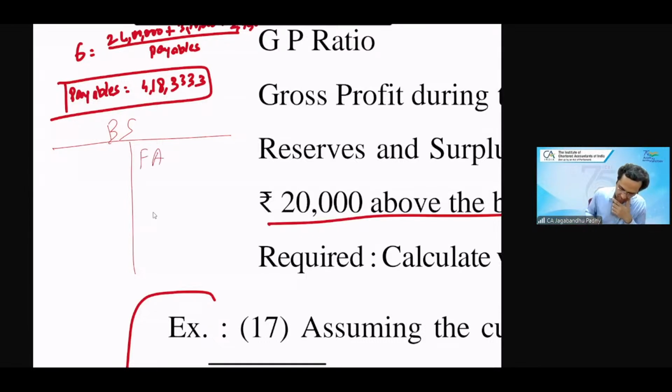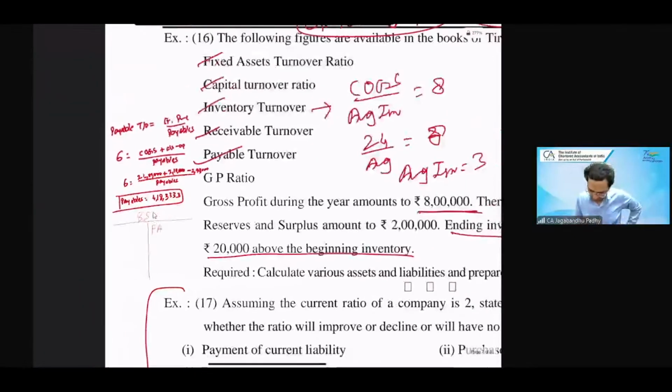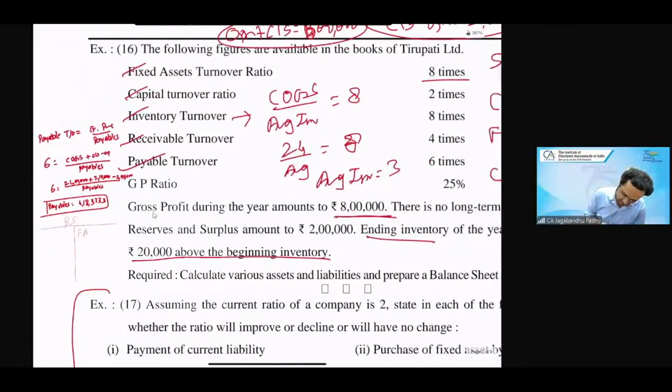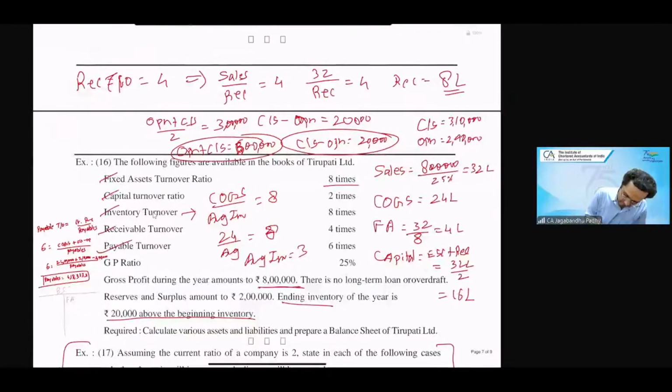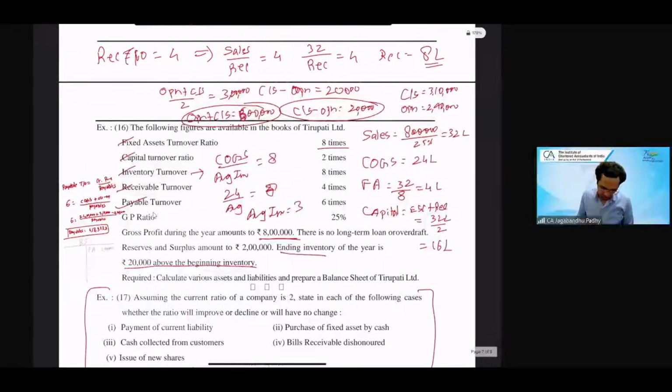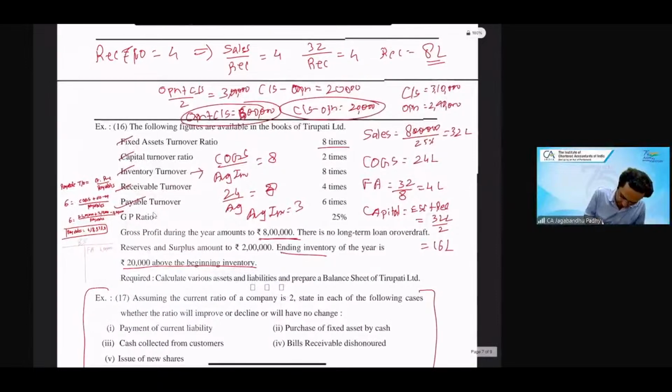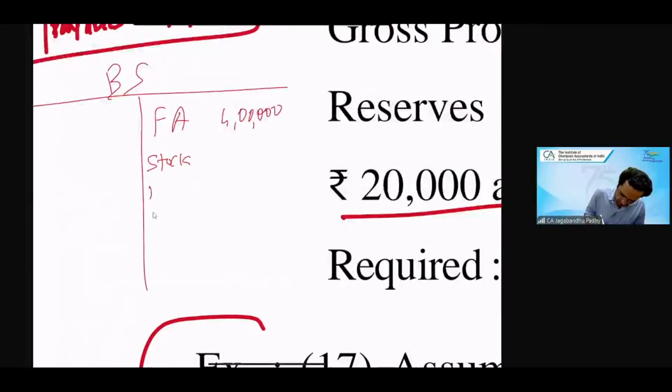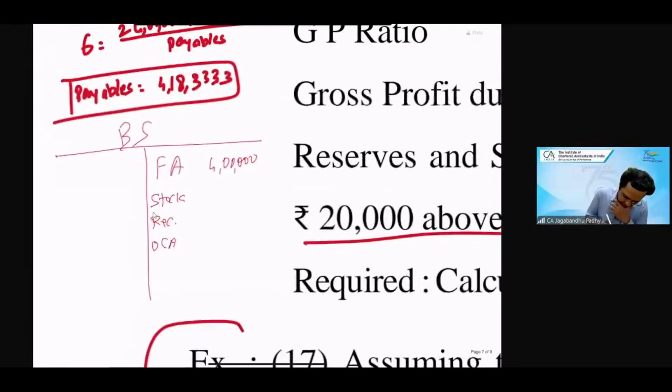Fixed asset. What's the amount of fixed asset we got? 4 lakhs. Then we have got stock, receivables, other current assets. And on the liabilities, we have share capital.